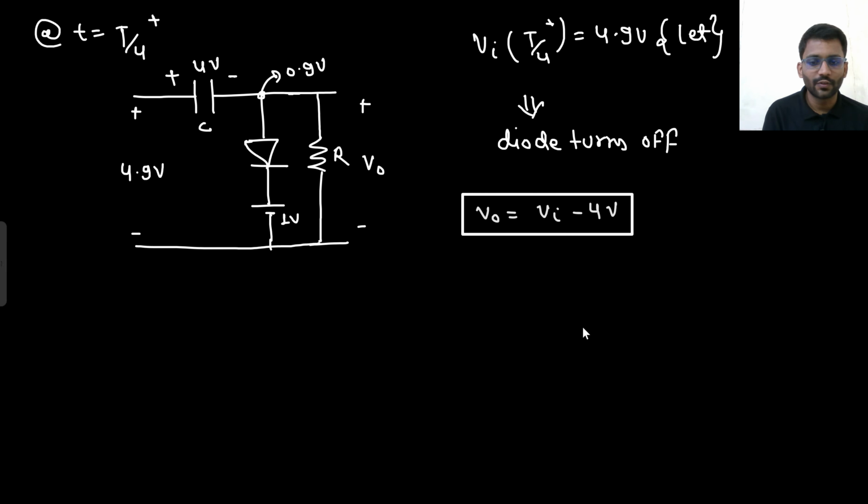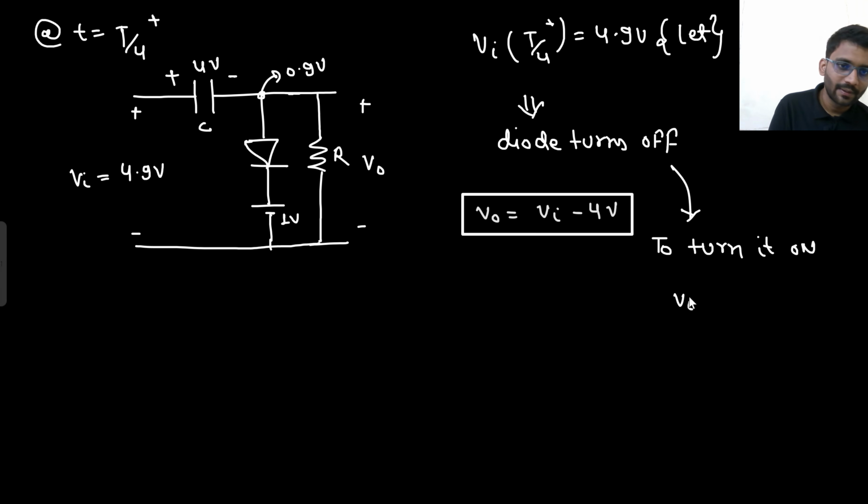And if the diode turns off, to turn it on, what do we need? Vin minus 4 volt should be greater than 1 volt. Not greater than 0, greater than 1 volt.